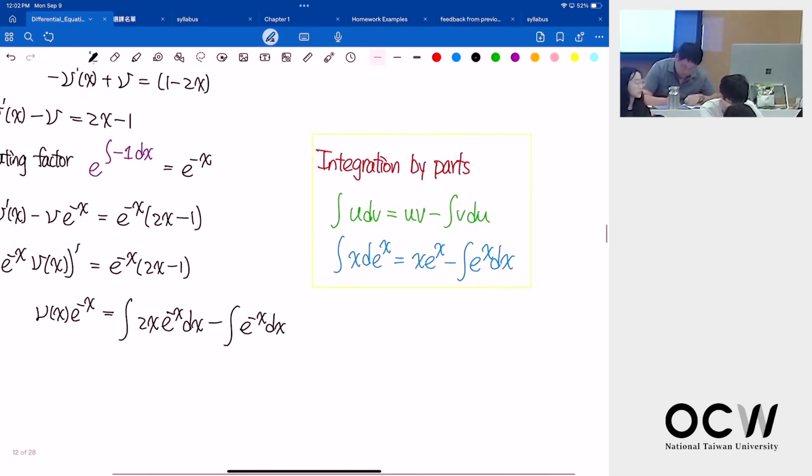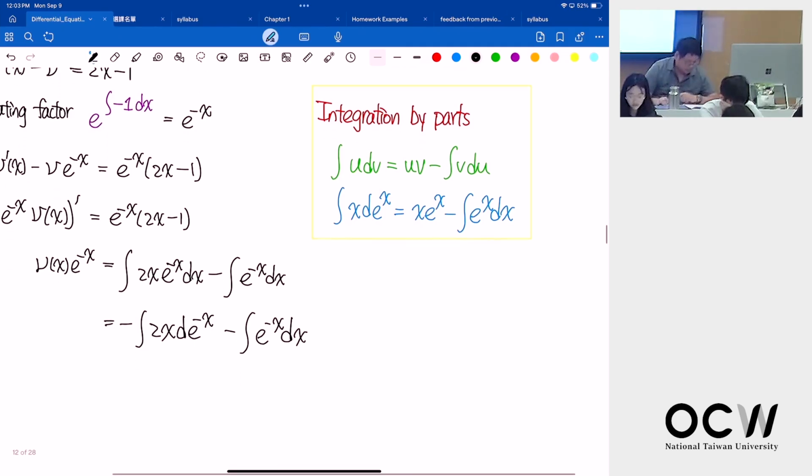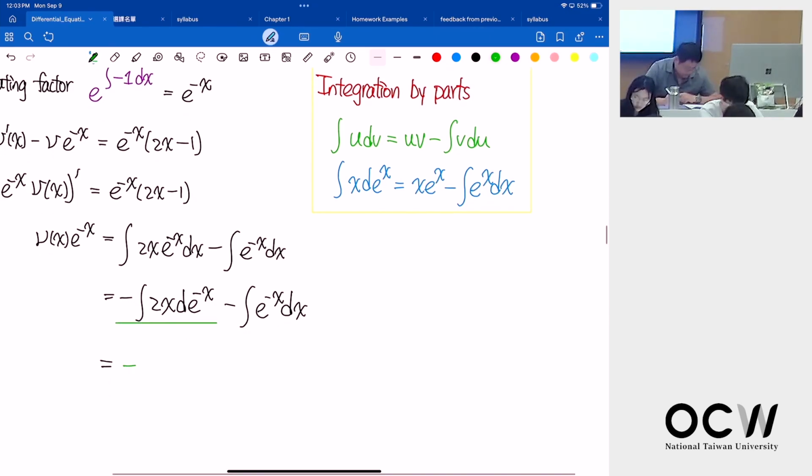So here we have minus 2x d e to the minus x. So the first term here becomes minus 2x e to the minus x minus 2 e to the minus x dx.